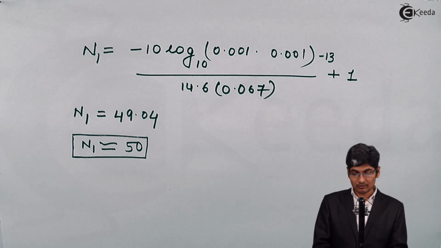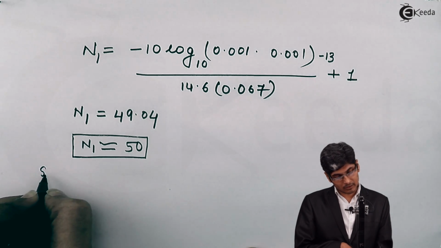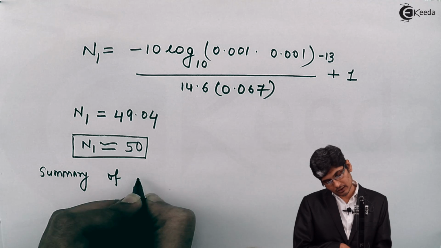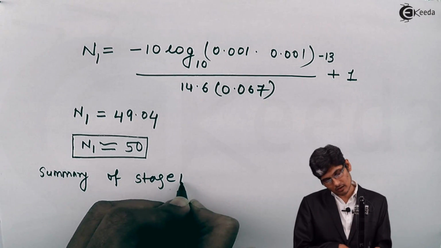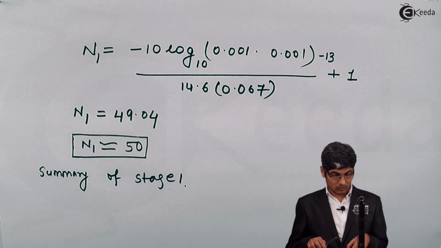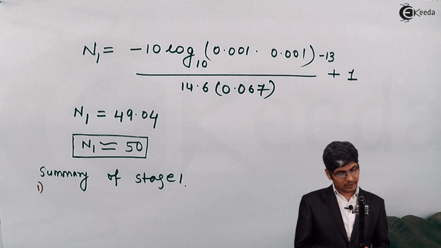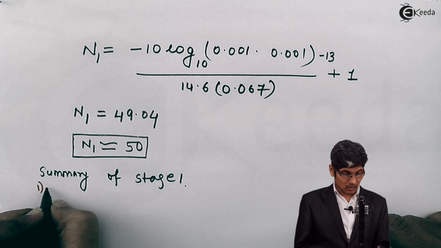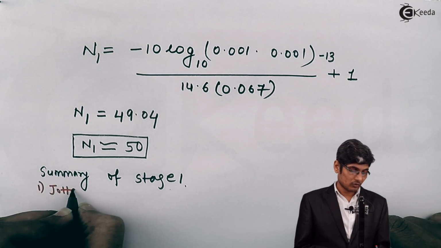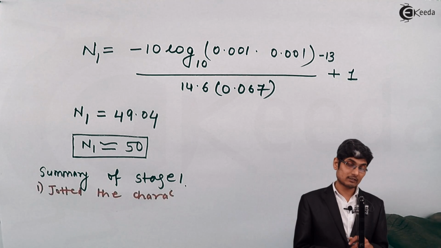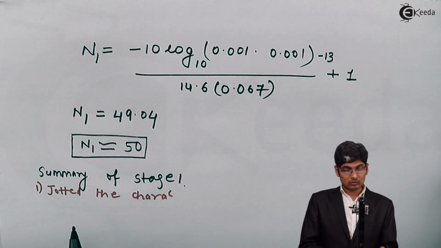So let us summarize what we did at stage 1, because there are too many things we did. First we jotted down the characteristics.